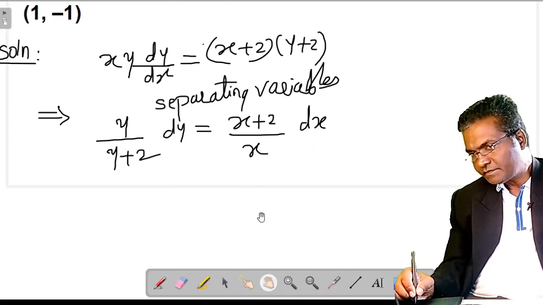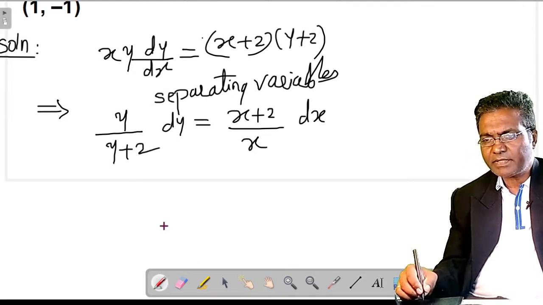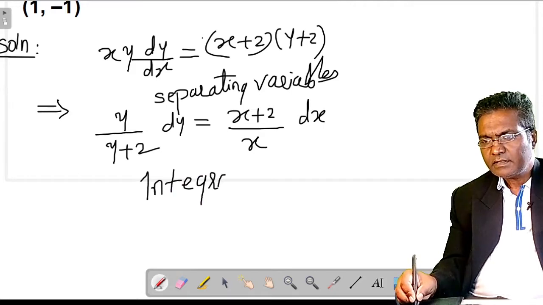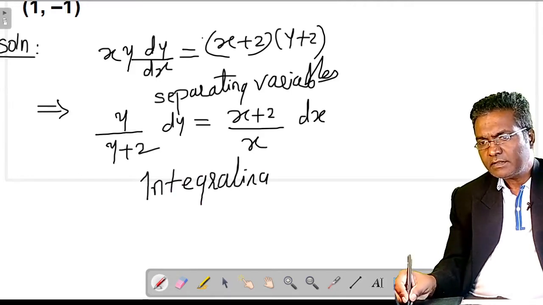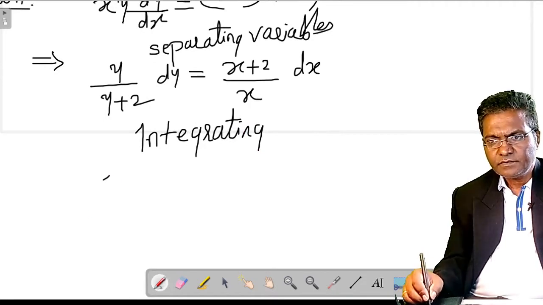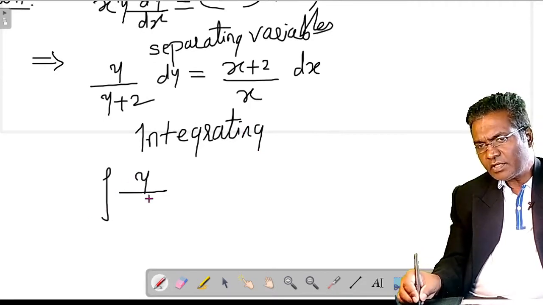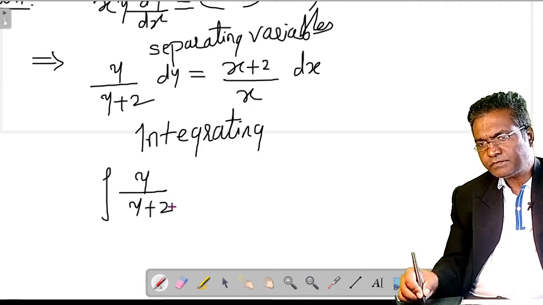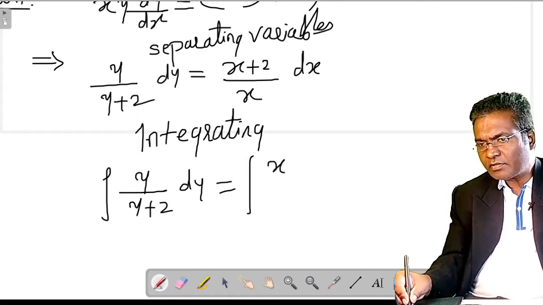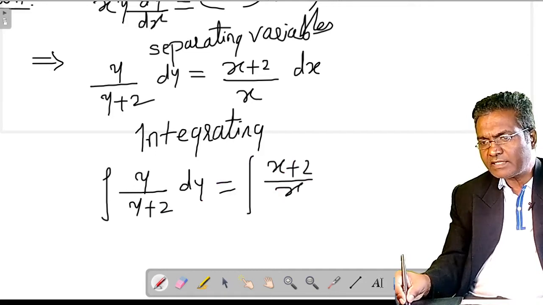Okay. Once the variables get separated, integrate. Integration of y by y plus 2 dy equals integration of x plus 2 by x dx.